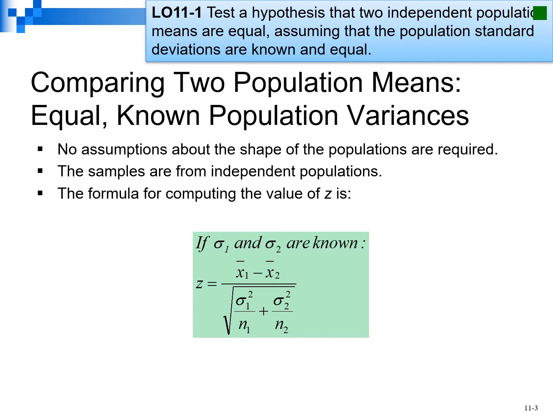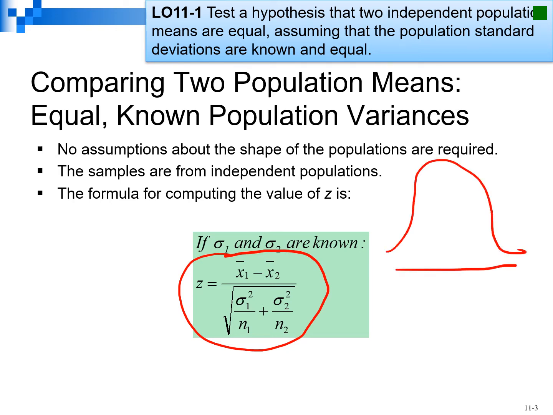So as you can see right away, there's going to be a new formula for how to get your test z-value. This is basically one of the few differences between the two chapters. And so we still have a normal curve. That's not changing. Since we're talking about a sigma known scenario, we're still going to be looking in the z-table to get our critical values.